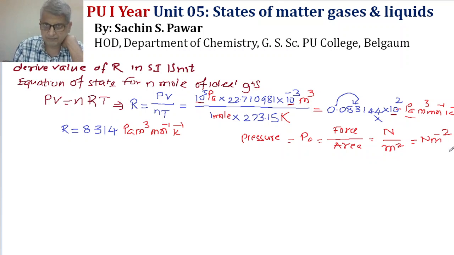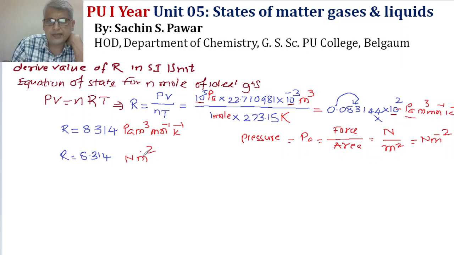If I substitute this, then R is equal to 8.314 Newton per meter square, meter cube, per mole, per Kelvin.